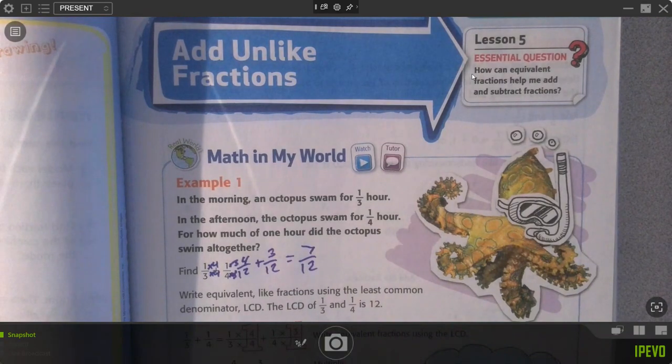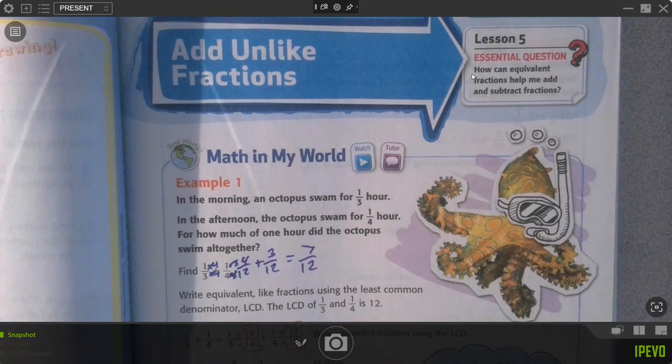And then write equivalent like fractions using the least common denominator, LCD. The LCD of 1/3 and 1/4 is 12. This is just showing the steps you already did. All right. So 4 plus 3, or 7 over 12.